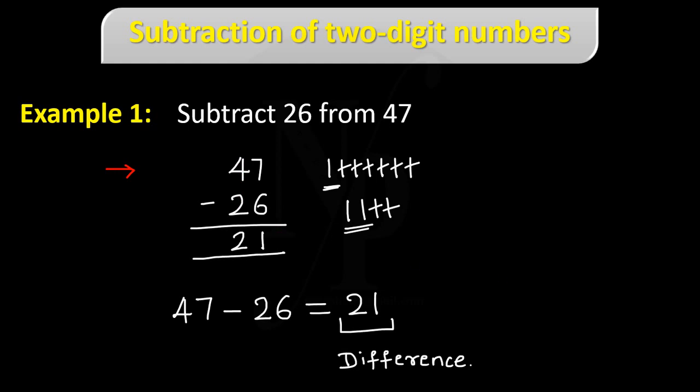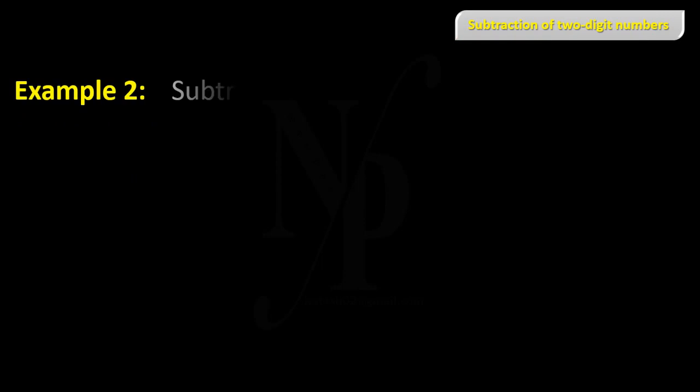Let us move to the next example. Example number 2. Subtract 25 from 75. So as we did earlier, we will write down these numbers one below the other. We should write the number 75 first. 7, 5 and below that we should write 25.